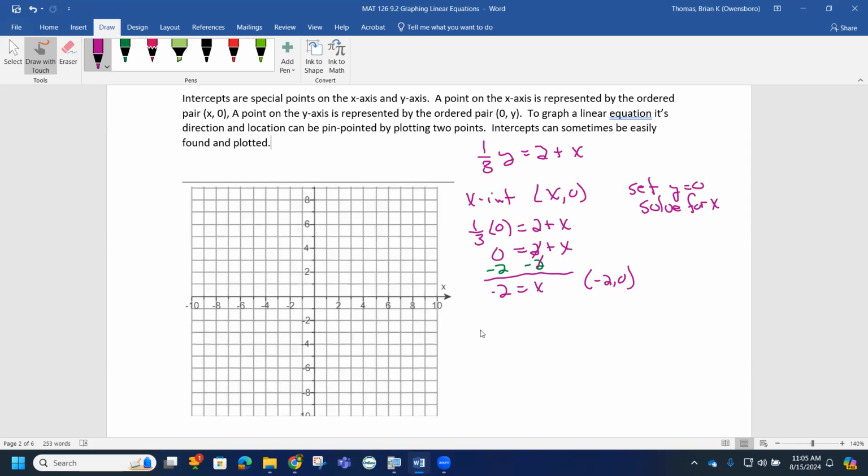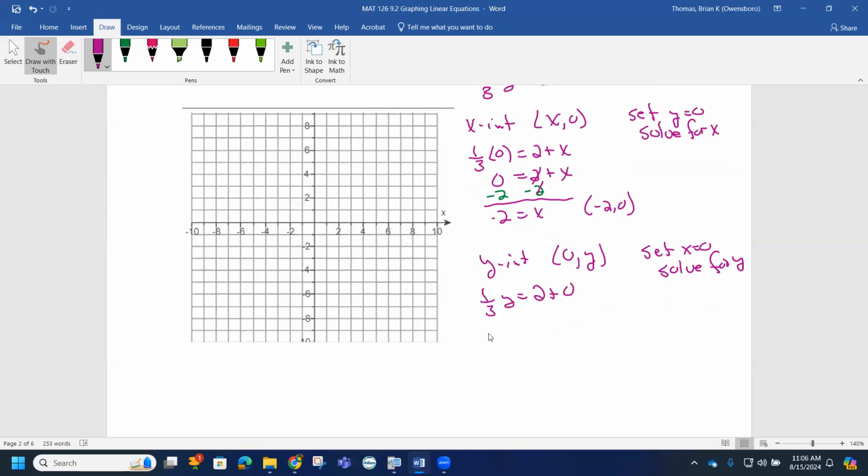Now to find the y-intercept, we have 0 comma y this time. So that means you have to set x equal to 0 and solve for y. So this time we have 1/3 y is equal to 2 plus 0. So 1/3 y is going to equal 2.